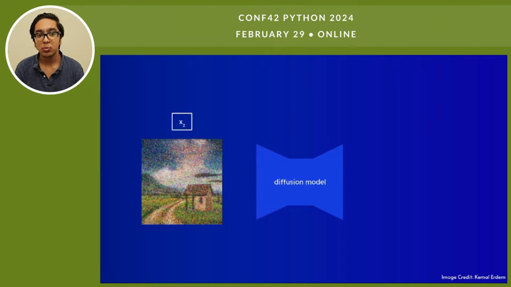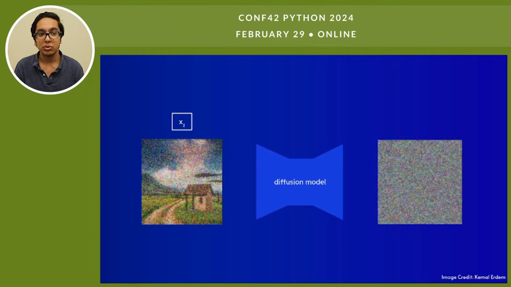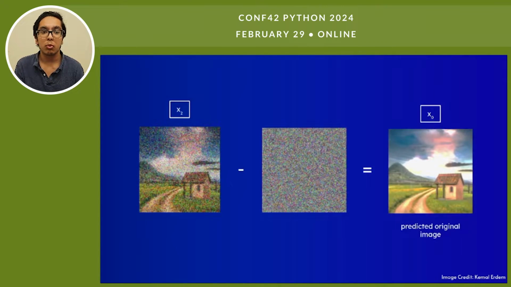In the reverse process, we start with an input image from some time step, let's say x2, and this image is fed into the diffusion model, which essentially predicts the noise that separates this image from the original image. So we feed this into the diffusion model, and we get a prediction of noise. We can then subtract this noise to get some approximation of the original image. And we want to get a better approximation of the original image.